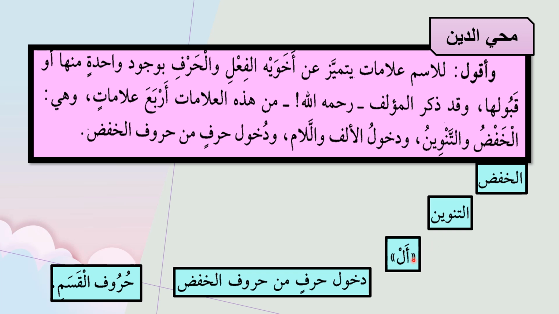The third, the words which can accept lam at-tarif, the only words which can accept lam at-tarif are the nouns. You will not see lam at-tarif in the verb, you will not see lam at-tarif in the particles. This is one of the most important things that you should know. Only nouns can accept lam at-tarif, only nouns can accept tanween, and only nouns can accept kasra.